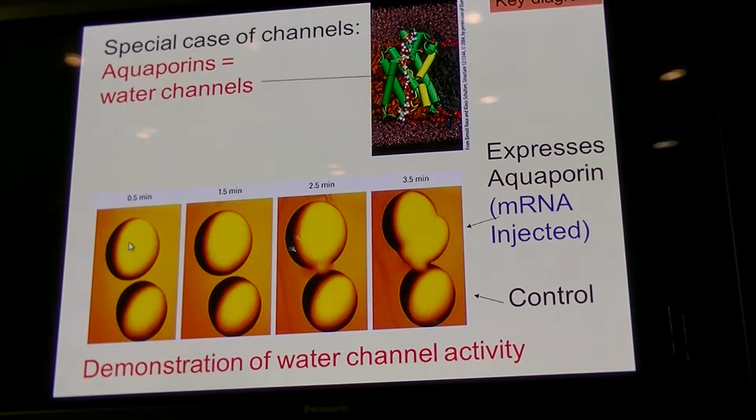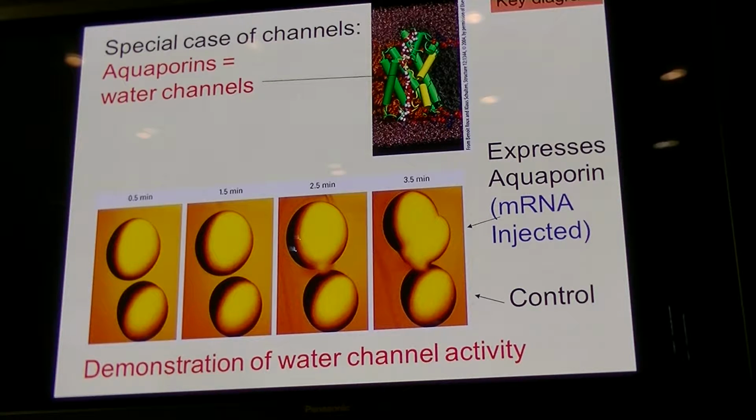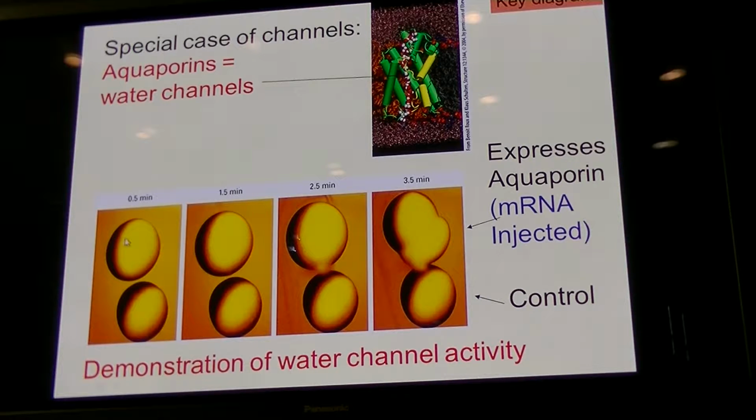And the top cell, we put a needle in, and in that solution in the needle was some mRNA encoding an aquaporin protein. So that mRNA got translated, the protein got formed, and it inserts in the membrane of this cell.